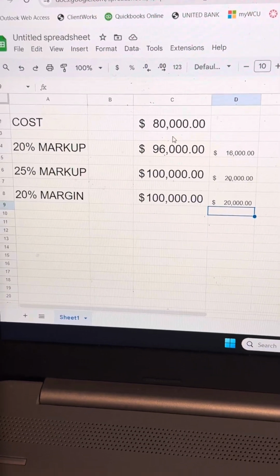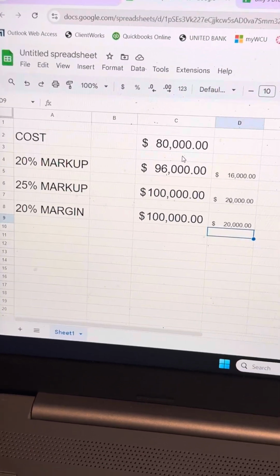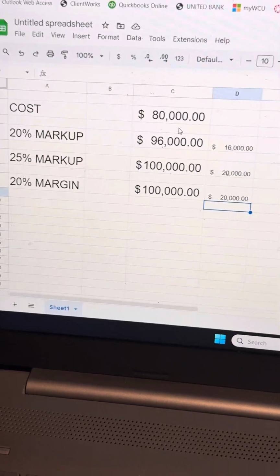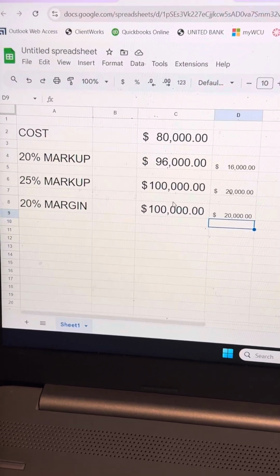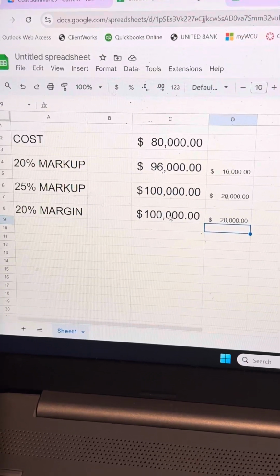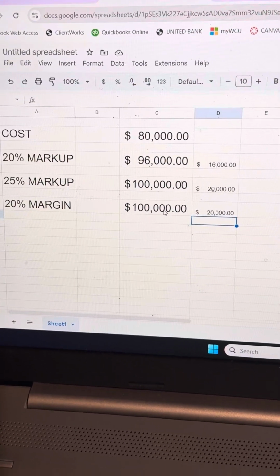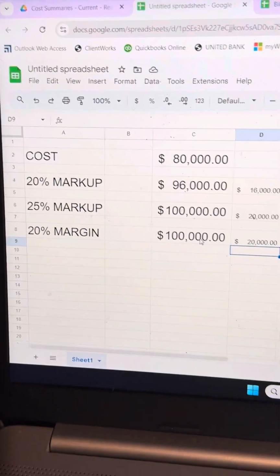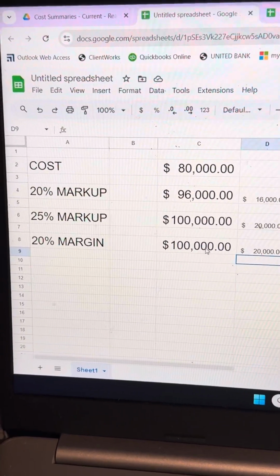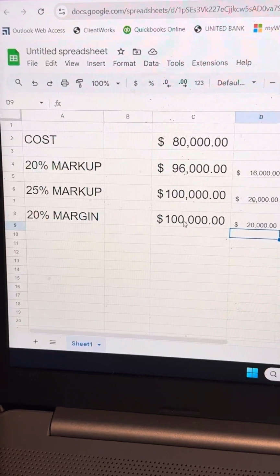Now, why is that? Because a markup is determined off of the cost. So with a markup, we're doing 20% of the 80,000. Whereas with margin, we are asking, of the 100,000 that we took in as payment, how much of that was profit?